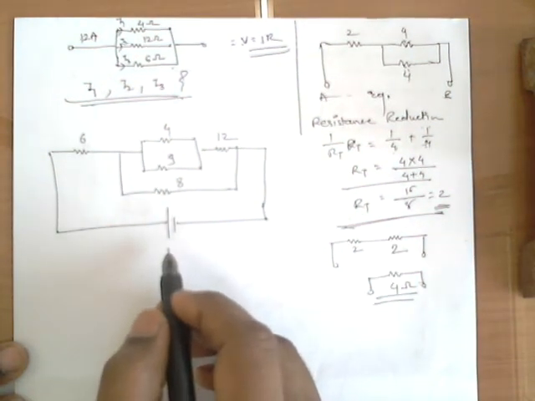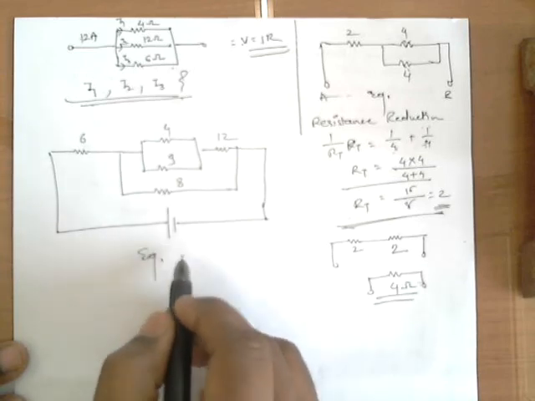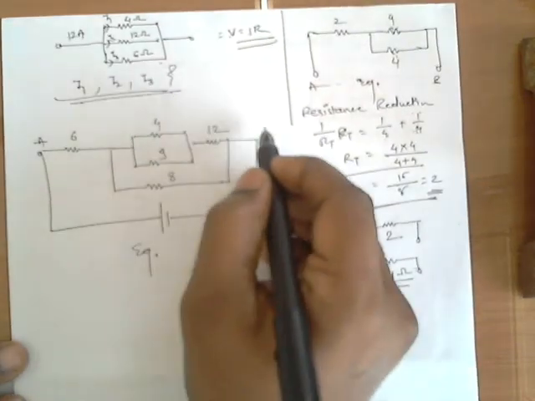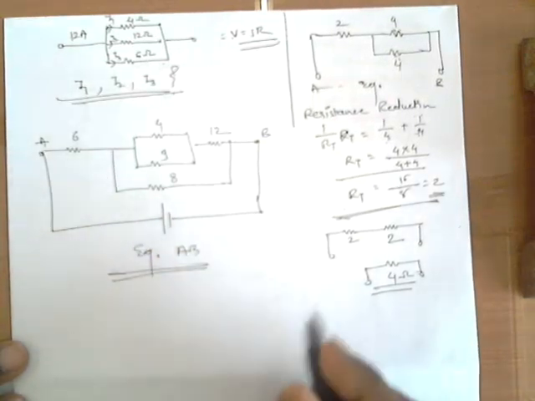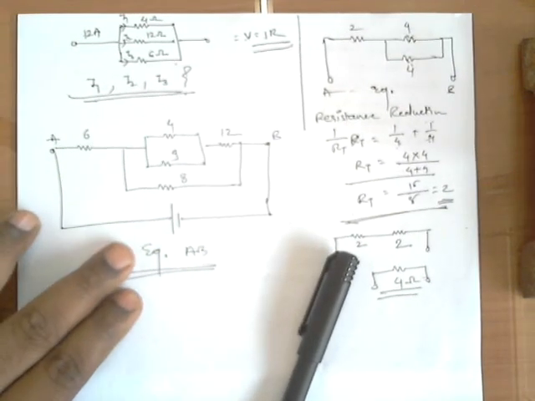Okay, you need to find the equivalent resistance across AB, A and B. Okay, this is your task. So with this we'll stop here.